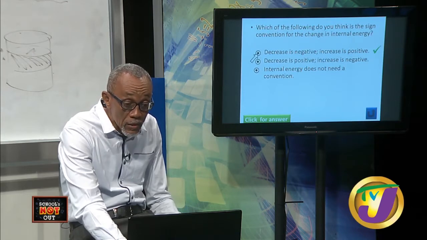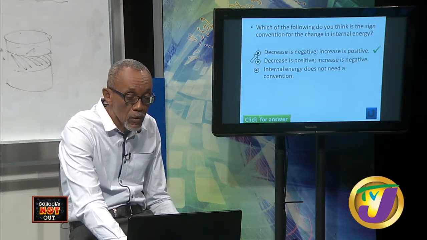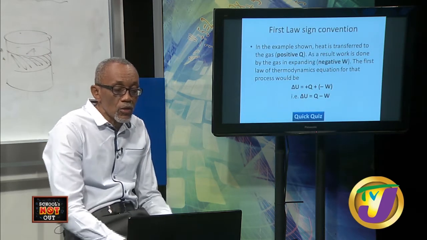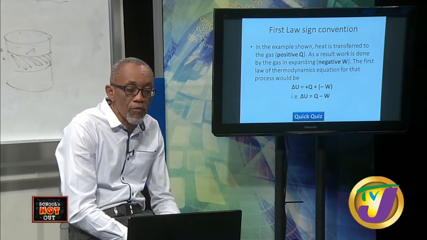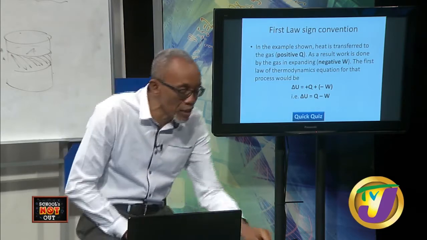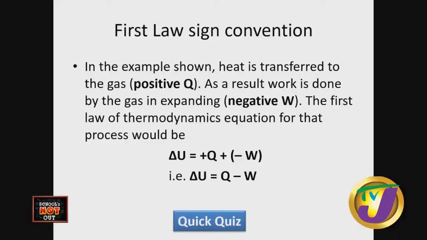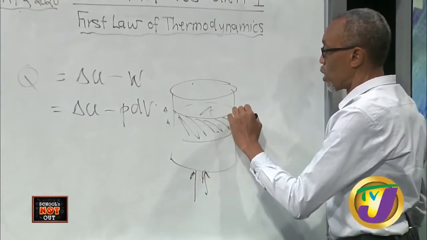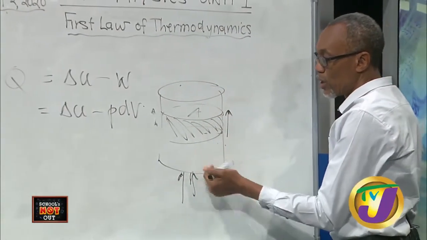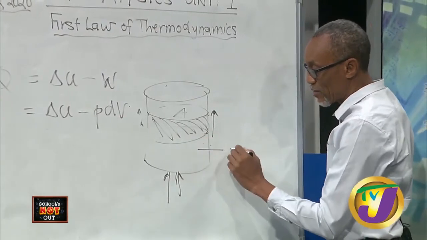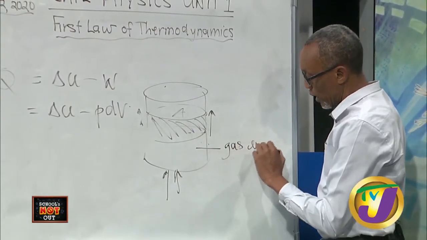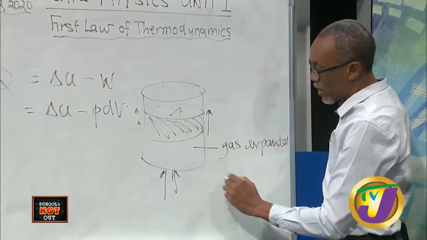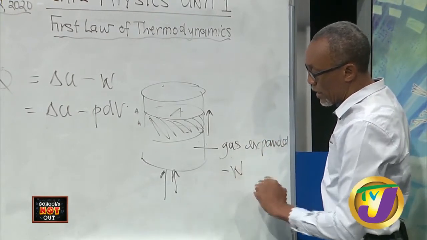Okay. So we go back to here. All right. So we'll use the first law sign convention. Remember in the example shown, we had put some heat into the cylinder and then work was done so that this went up. So that the gas expanded, right? So the gas expanded. And so we know right away, we can see that the work would be negative.